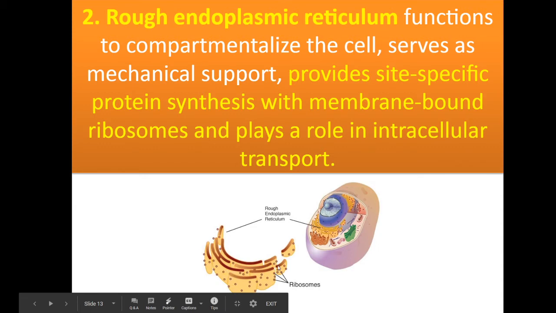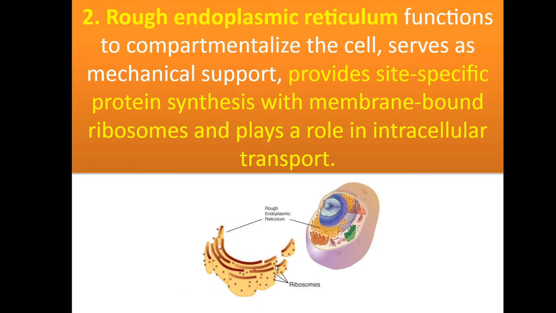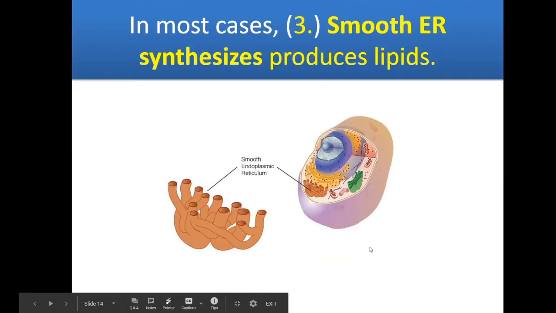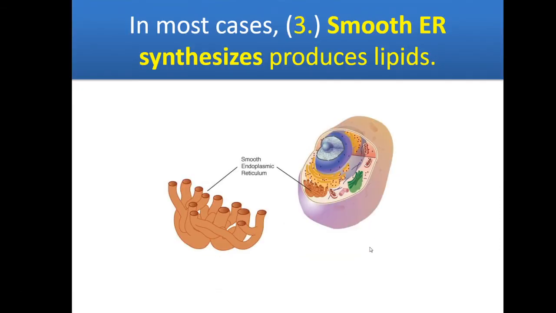Because they're embedded into the membrane, we can control very particular proteins to get made here, where they will then immediately be contained inside this membrane, inside this pocket, to once again compartmentalize and keep them separate. It also provides a bit of transport, just because you can push things along through there to get from one place to another.